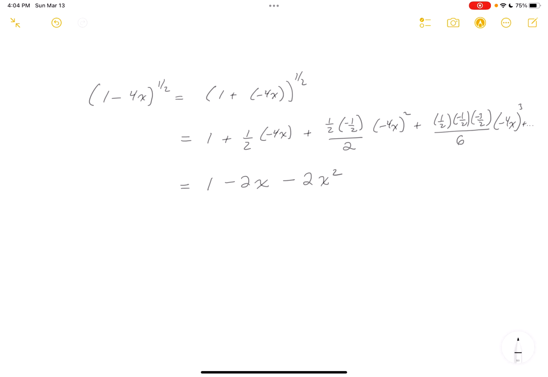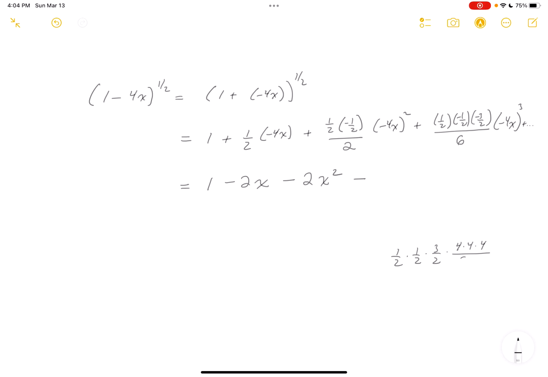And let's see what we get there. Looks like you get minus again. And 1/2, 1/2, 3/2, and then 4 cubed. I'm just going to write that as 4 times 4 times 4. There's a point to that. And the bottom is 6, which is 3 factorial.